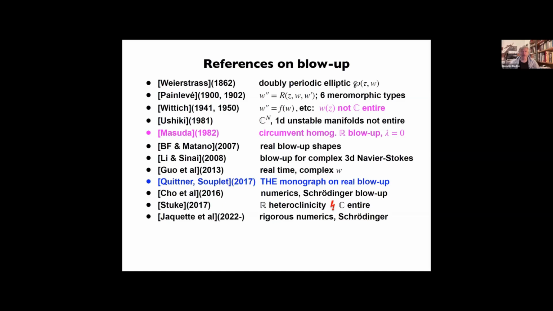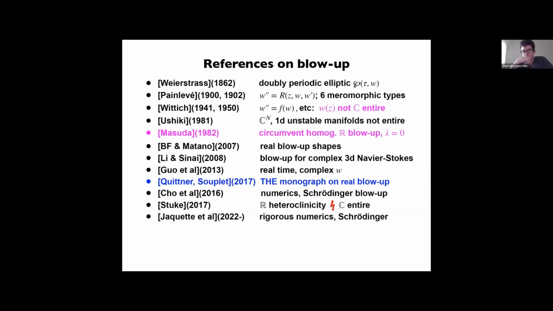And so far, the Schrödinger blow-up, like Cho and others, this was numerics, right? That was conjectural. Lee and Sinai, they prove things, and so this is, mathematically speaking, a difficult problem.